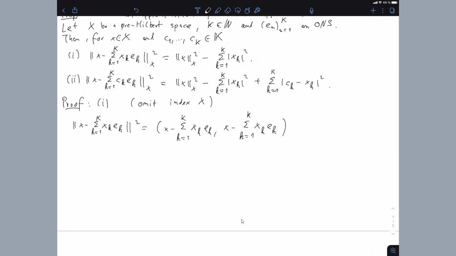Okay, and now we use linearity of the scalar product, or the bilinearity of the scalar product, to further rephrase this.